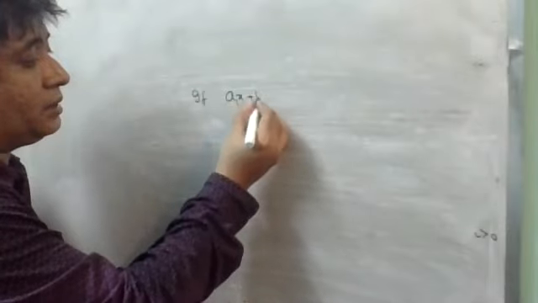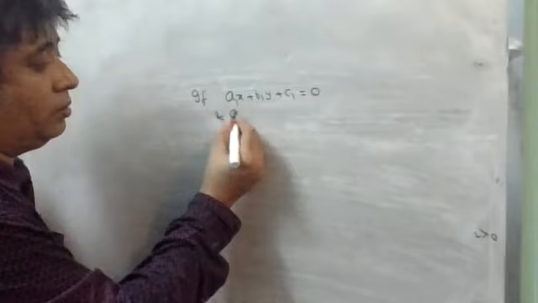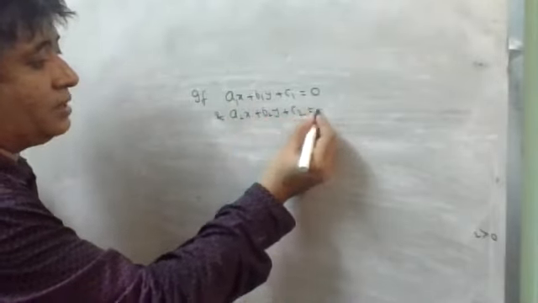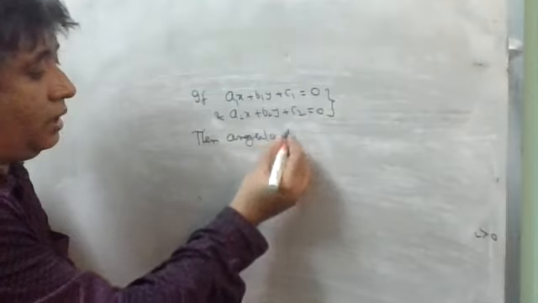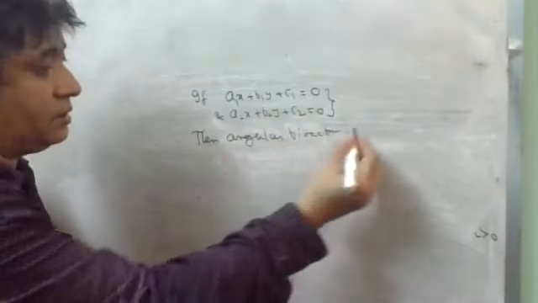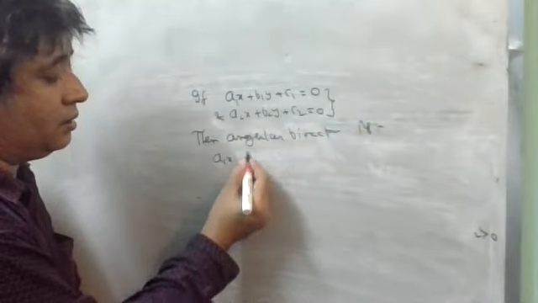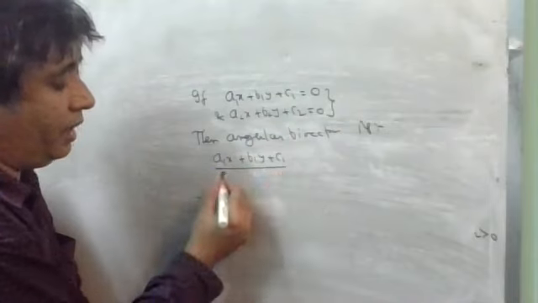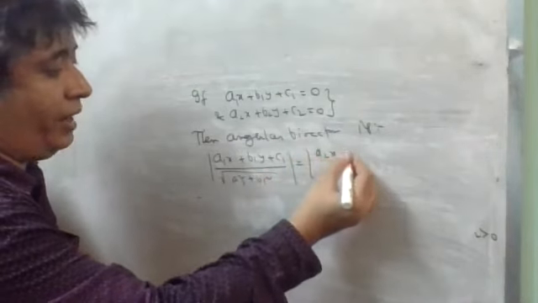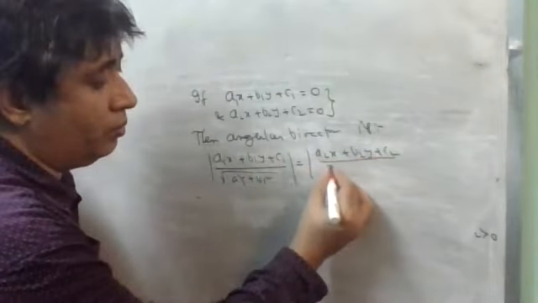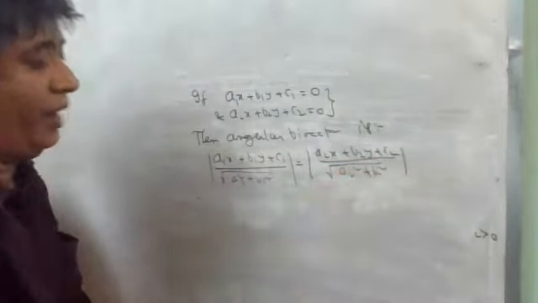So what conclusion can I draw? If A1x + B1y + C1 = 0 and A2x + B2y + C2 = 0, then the angular bisector is A1x + B1y + C1 by root over A1 square plus B1 square, equal to A2x + B2y + C2 by root over A2 square plus B2 square.